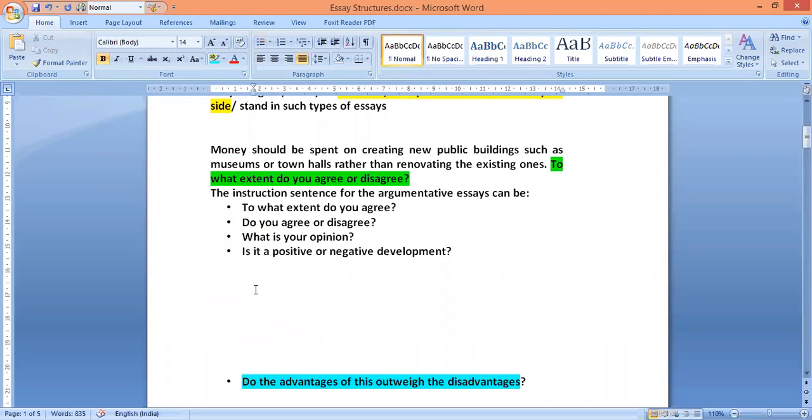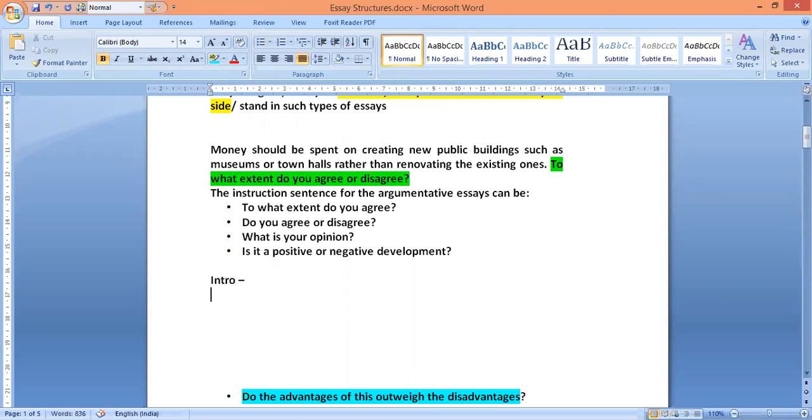Now my question is, after you write the intro for an argumentative essay, what do you need to do in the intro? What do you write first? Hook line, paraphrase, thesis statement. And then you write the thesis.